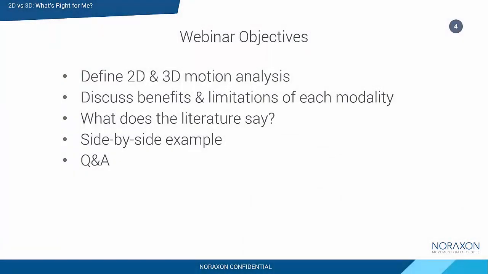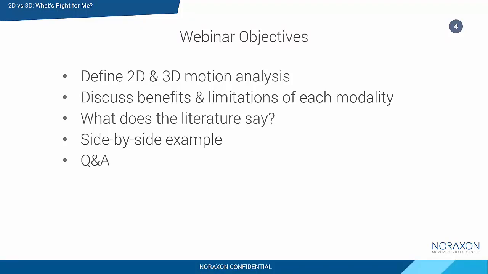Our first goal for today's webinar will be to define 2D and 3D motion analysis, as well as identify some of the technology options available on the market. Next, we will discuss the advantages and disadvantages of both technology types.